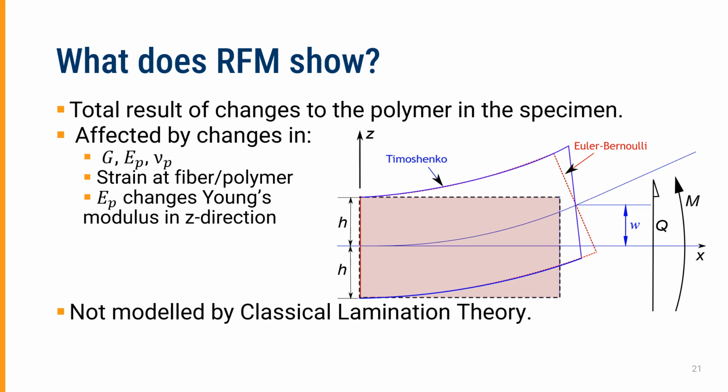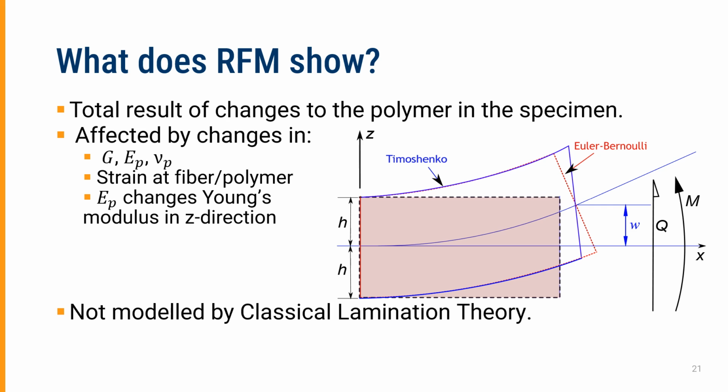What does RFM show? It shows the total results of changes to the polymer in the specimen. Now, this is actually affected by changes in the shear modulus, the Young's modulus of the polymer, and the Poisson's ratio of the polymer, as well as by the strain at the fiber-polymer interface.